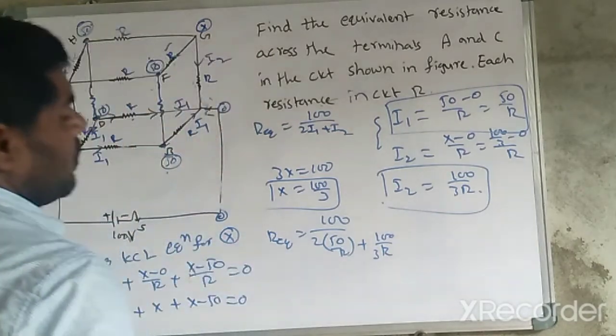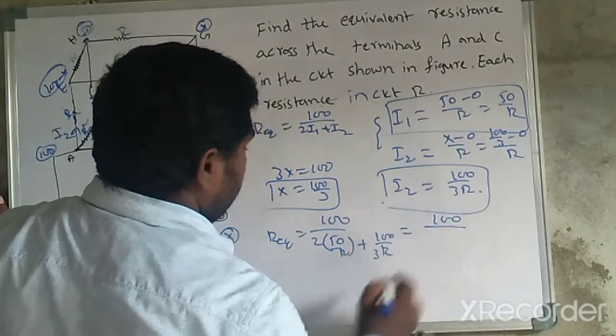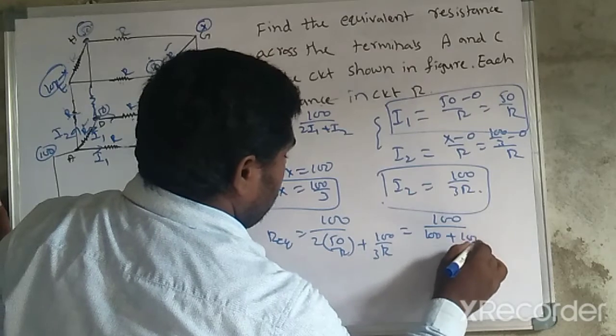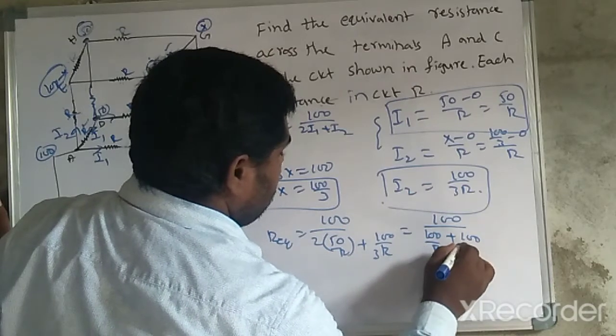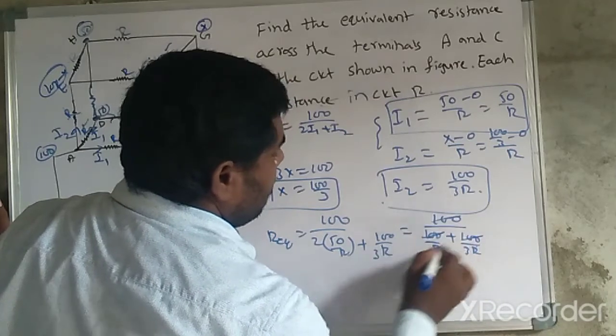Take r out common. So 100 divided by (100 plus 100/3) over r; take 100 out common and it cancels.